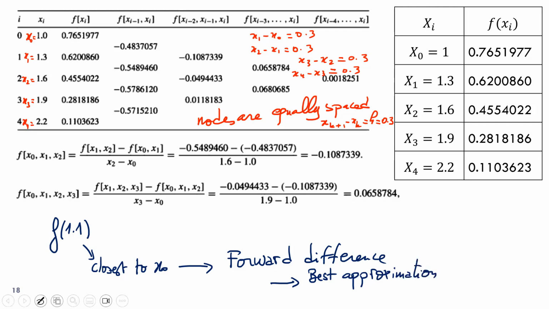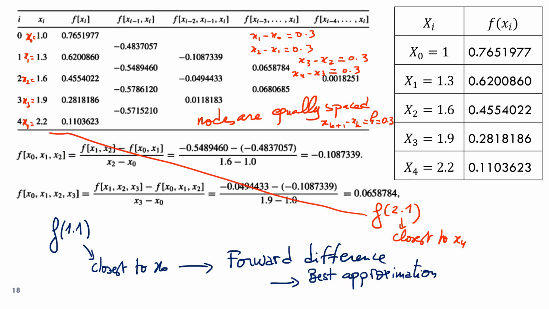Okay? We'll see later today that, for example, if I want to calculate f2.1, 2.1 is closest to x4. Okay? So here we'll not use forward difference, we'll use what we call the backward difference.